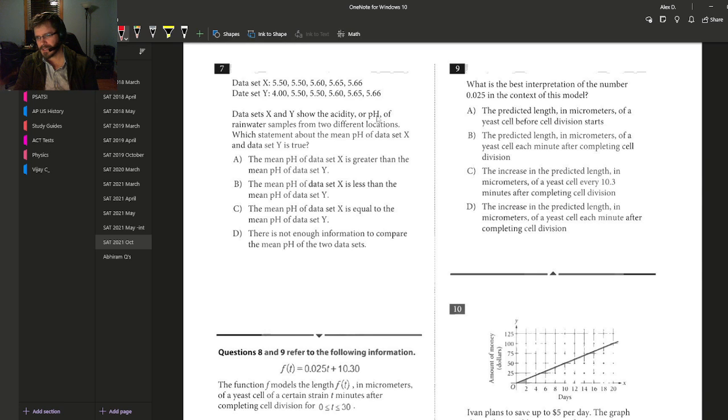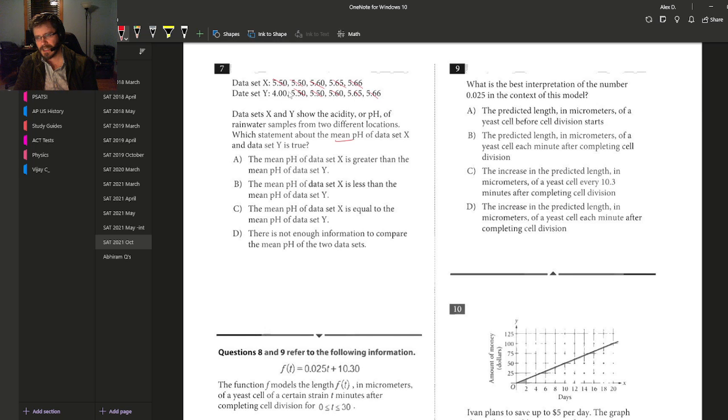Data sets X and Y, whatever the mean of these two things. So this one just simply has more data points. So I'm tempted to say that the mean of this one is bigger because it just has more. So these are the same, these are the same, these are the same, these are the same.